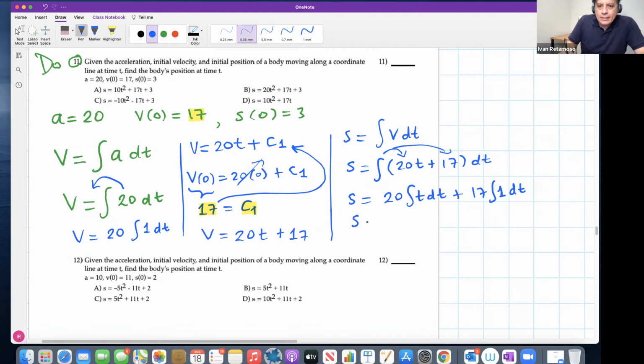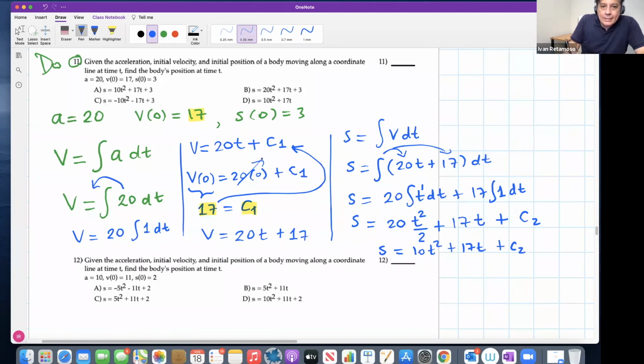Well, what is this? This is going to be 20. t has exponent 1, so using the power rule, this should be t squared over 2, right? Plus 17 times the antiderivative of the constant function 1, which is the identity function t, plus a constant. I will call that constant C2, okay? Simplify: s equals 10t squared plus 17t plus constant 2.